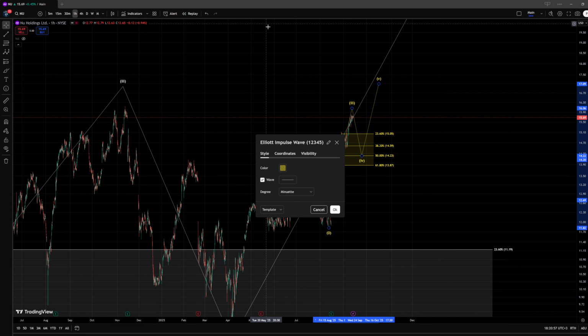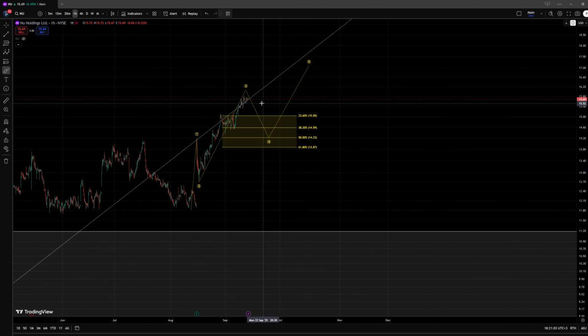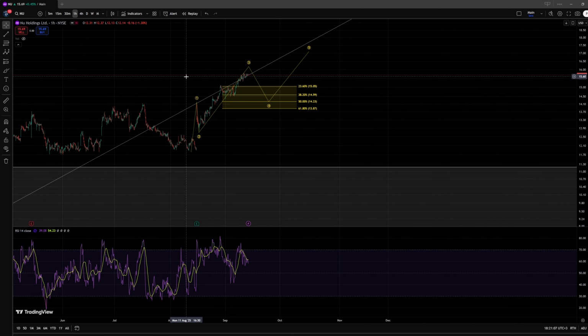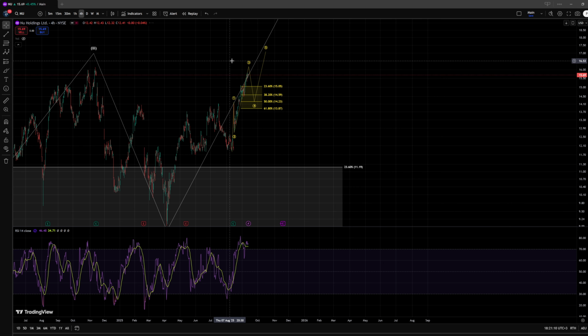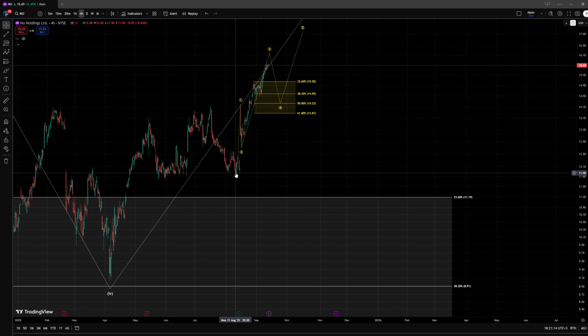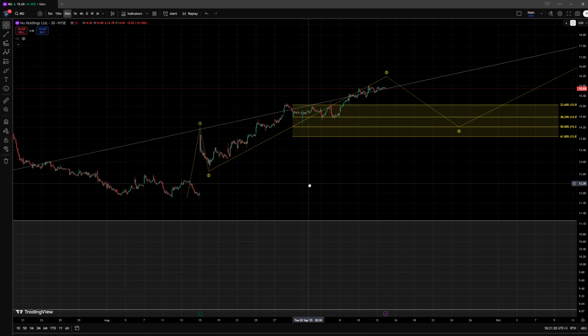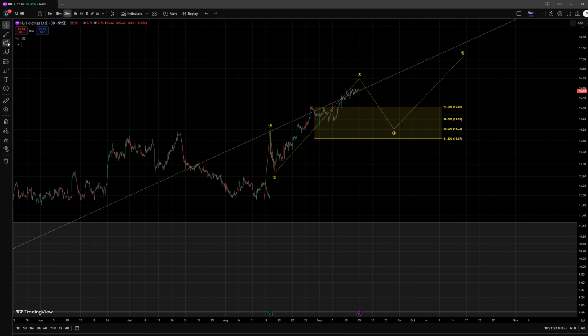Now, I'm not going to focus too much on the microstructure here. To be honest, this third wave could still be ongoing. I wouldn't necessarily count it as complete, but it does have the necessary wave structure to consider it complete. And I might even add that if we go lower here, I don't think we actually reached the ideal target for wave 3.